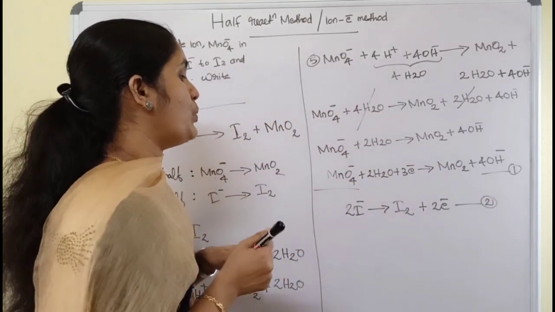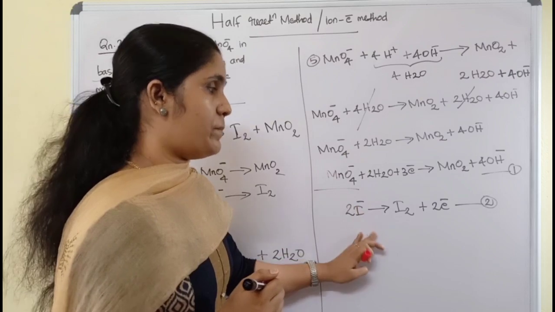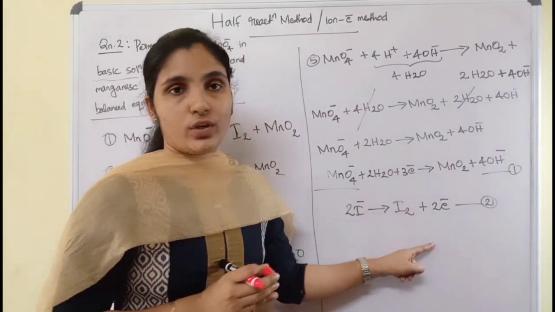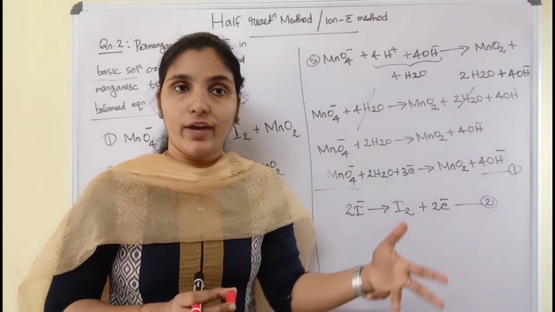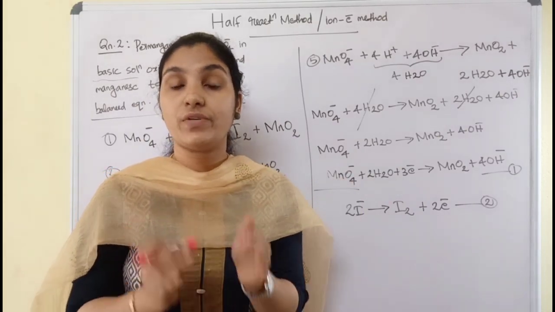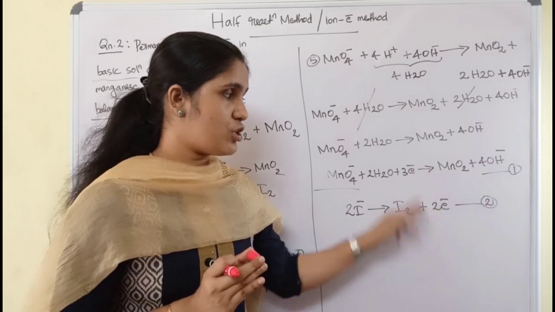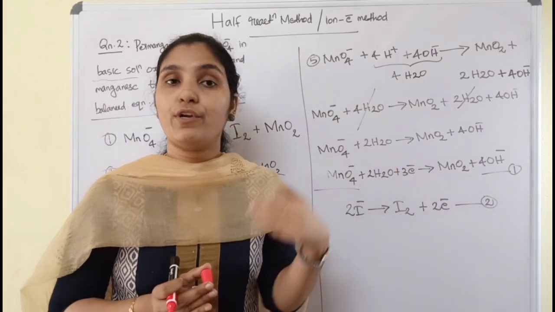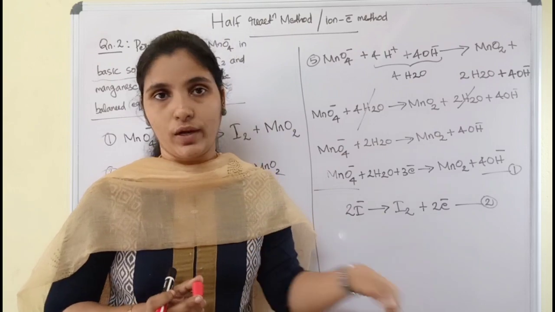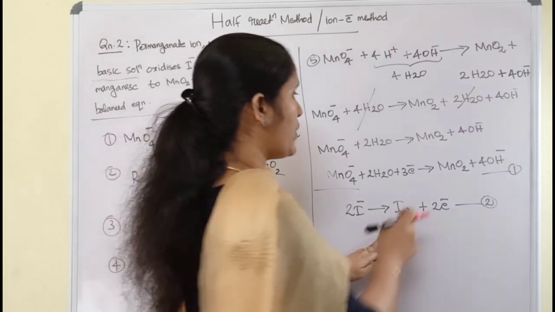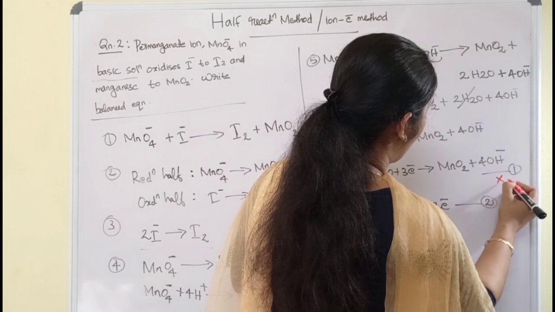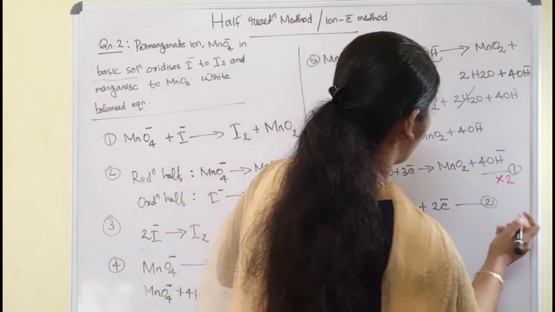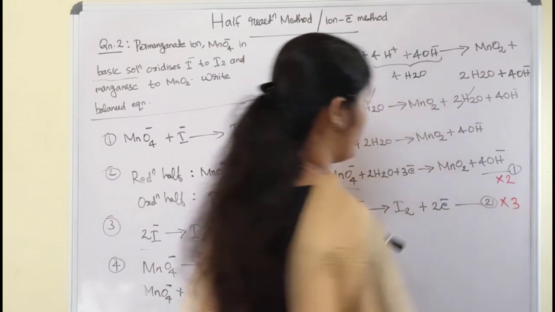That means now the two equations are balanced. But we can see the number of electrons is not equal. The number of electrons donated and the number of electrons accepted must be equal. Here it's not equal. So for that it should be multiplied with a digit and the number of electrons should be made equal. For that, equation number 1 should be multiplied with 2 and equation number 2 should be multiplied with 3.